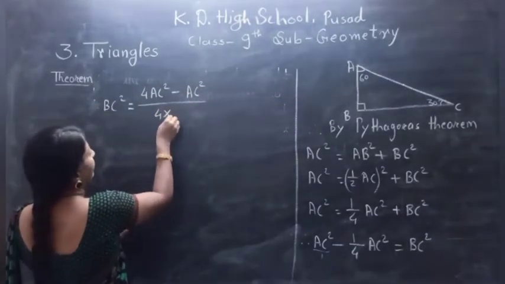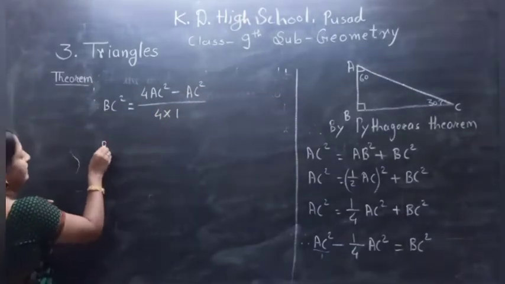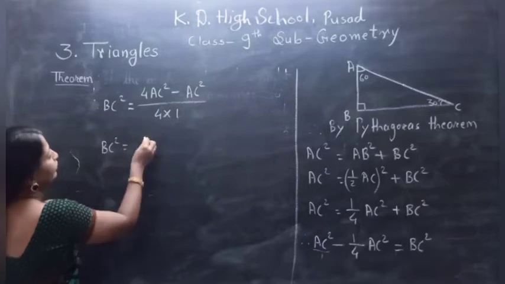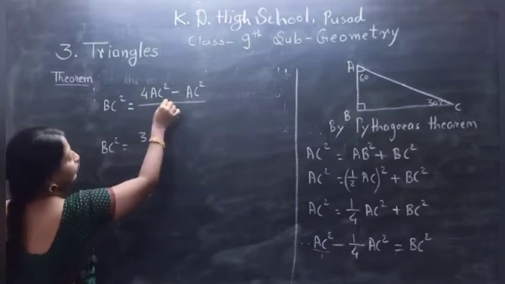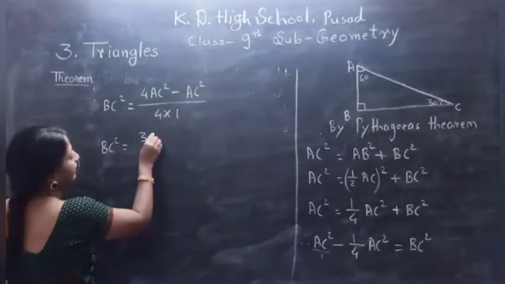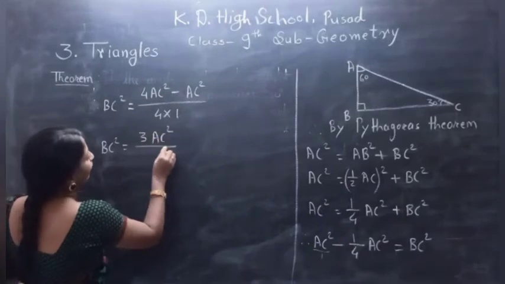BC square is equal to 4 AC square minus AC square, that is 3 AC square upon 4.